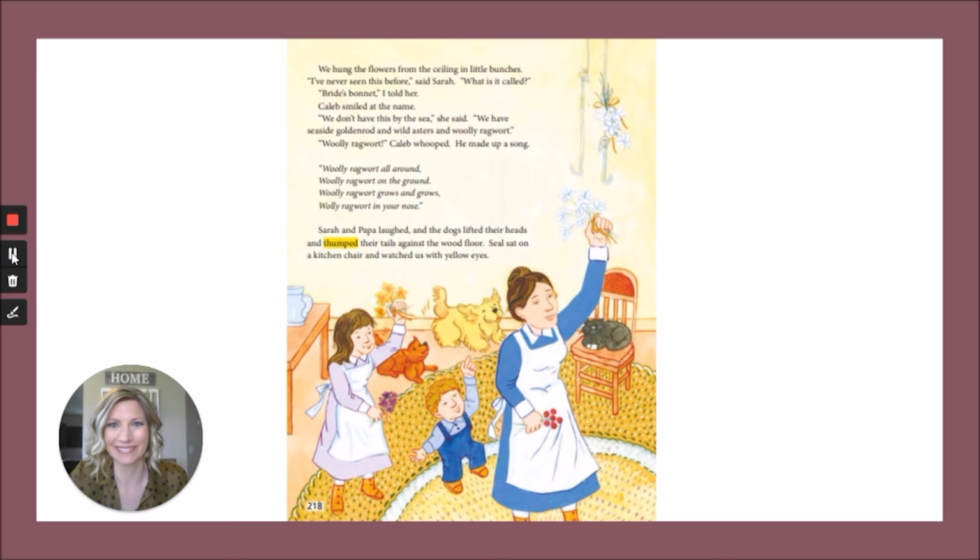"Woolly ragwort," Caleb whooped. He made up a song. Woolly ragwort all around, woolly ragwort on the ground. Woolly ragwort grows and grows, woolly ragwort in your nose. Sarah and Papa laughed, and the dogs lifted their heads and thumped their tails against the wood floor. Seal sat on a kitchen chair and watched us with yellow eyes.